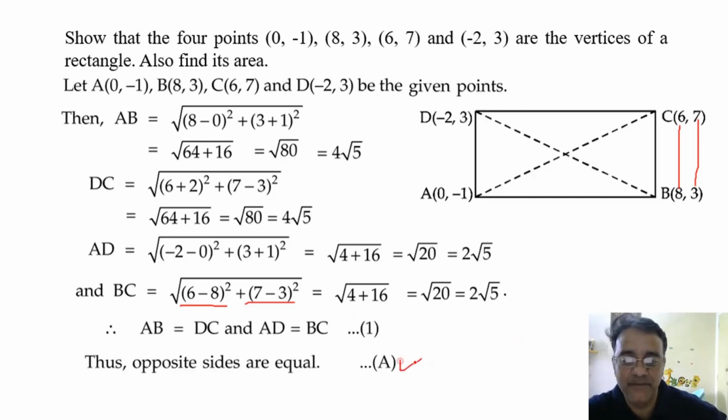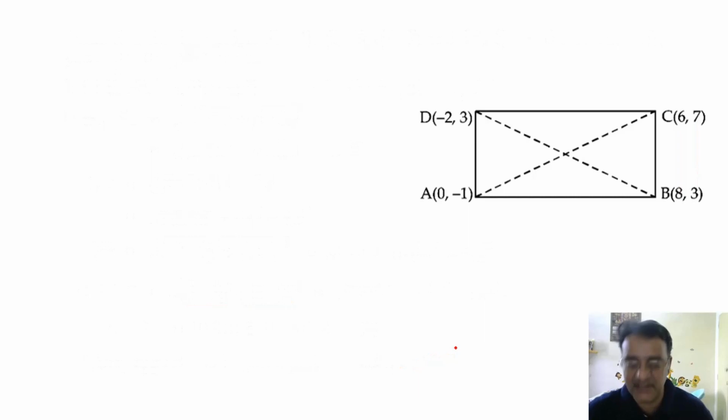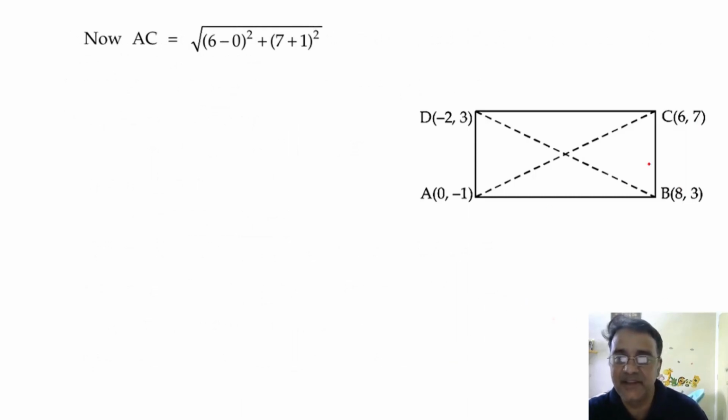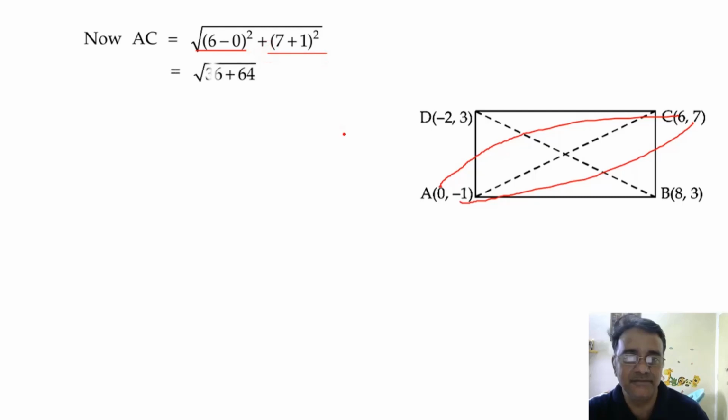First part is over. Now what we have to check? We have to prove diagonals are equal. So let us start with the diagonal. First diagonal AC. 6 minus 0 whole square, 7 minus of minus 1, that is plus 1 whole square, whole root. 36, 64. What are you getting? 100. Root 100, 10. Right, fine.